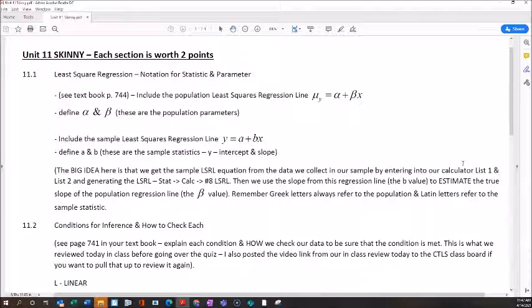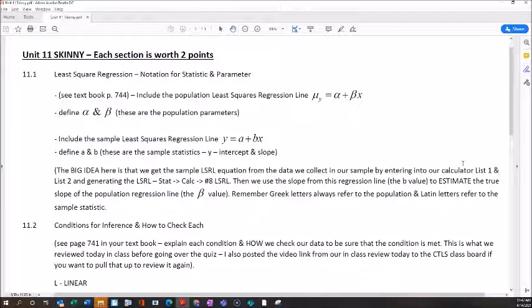So the big picture about all of these different procedures is we're collecting data from a sample or from an experiment, a small little group, and we're going to use the data that we get from that sample to make decisions, to make inferences about the whole population.